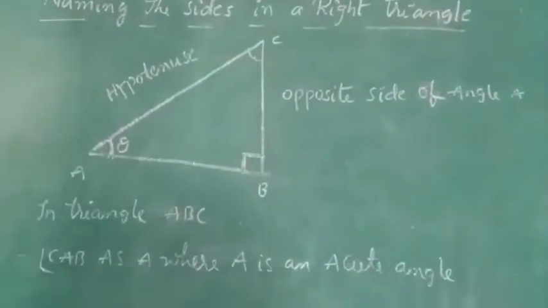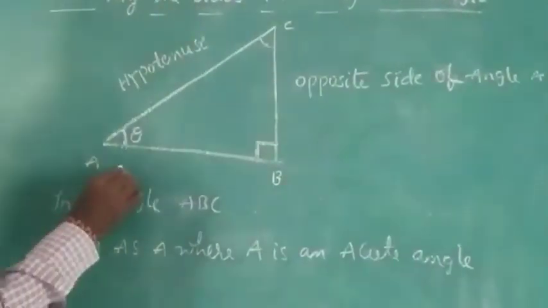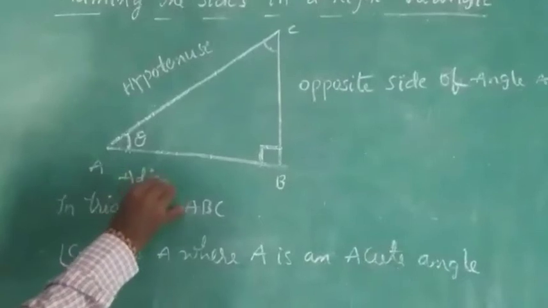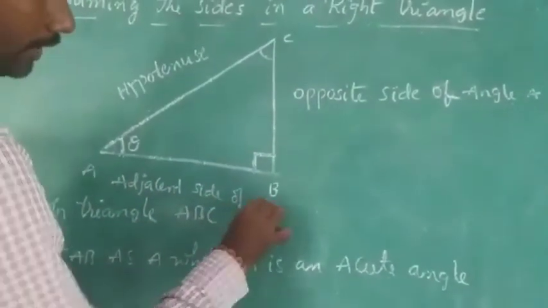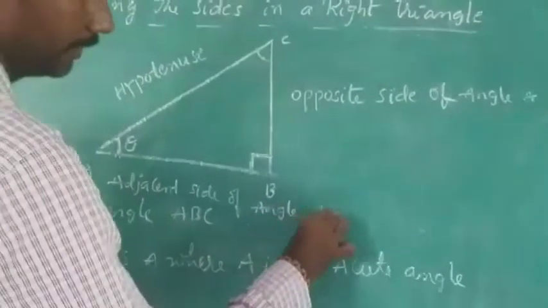This is the adjacent side of angle A. This is very important.